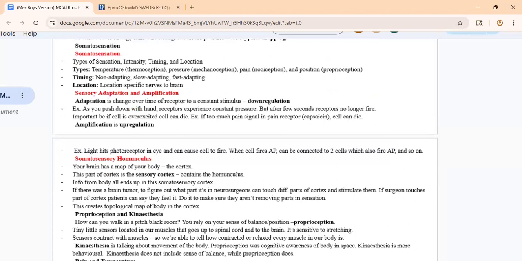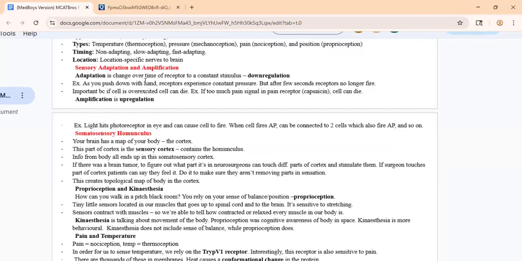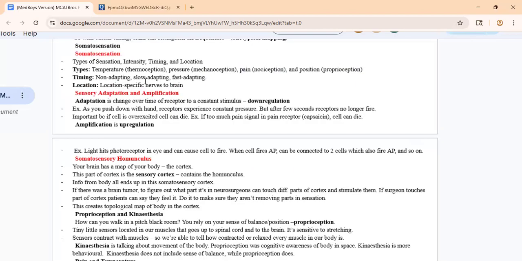And when it comes to sensation, you have non-adapting, slow adapting, which means going slow, and fast, which means going very fast. Adaptation is a change over time. As I mentioned before, your body will adapt, right? You come in, you hear a hospital sound, beep, beep, beep. Eventually, your hearing will adapt.